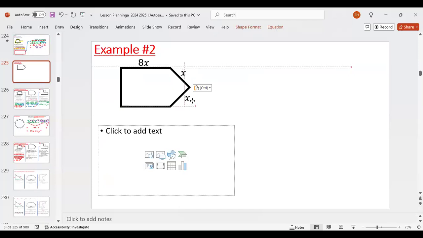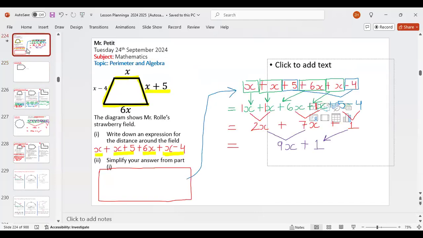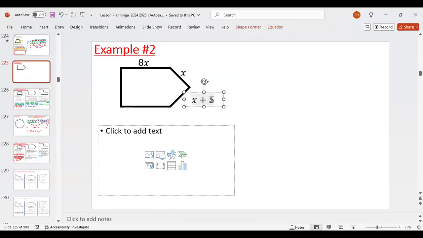Now, we have 8x, and we have x plus 5. Last one was x plus 5, because I don't want to use the same one. Oh, we already have x plus 5. Let's use x plus 6. Yes, it was x plus 5. So x plus 6, and then we have 4x, right?